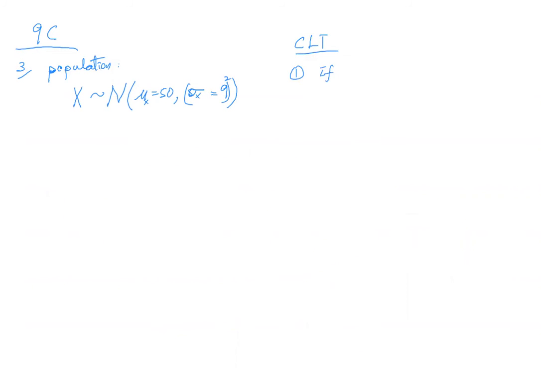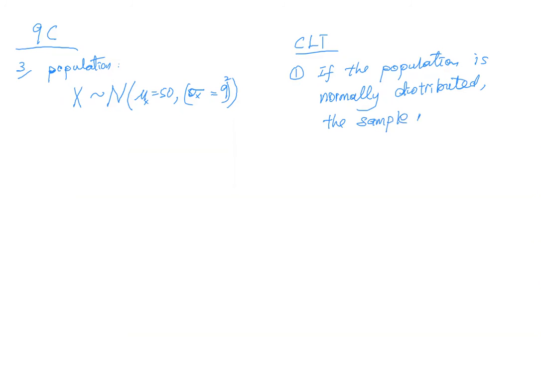So, if the population is normally distributed, the sample mean distribution, or it can be the sum of the samples distribution, up to you, the sample mean distribution will, 100%, whatever the sample size, it doesn't matter, be normally distributed with smaller spread.